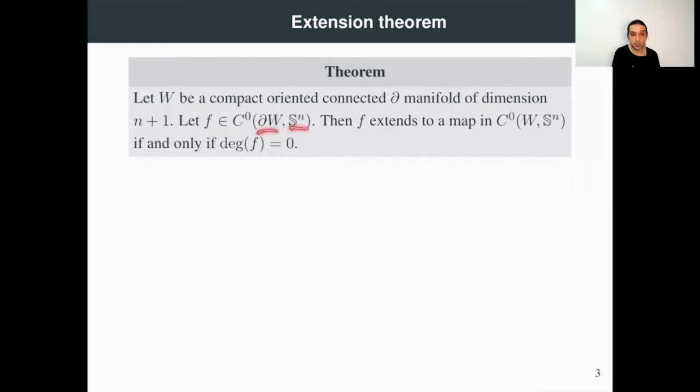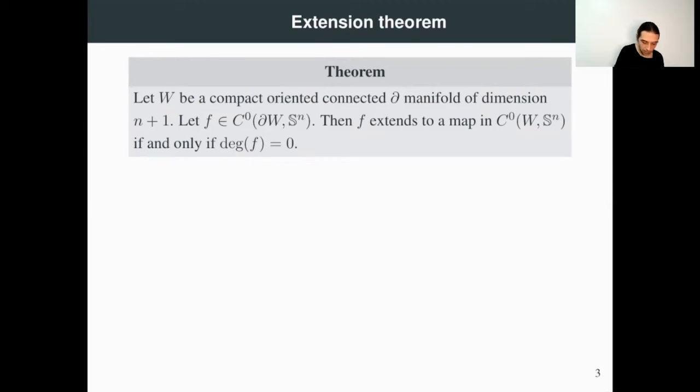These two manifolds, the boundary of W and Sn, have the same dimension. Then f extends to a continuous map from W to the sphere, if and only if the degree of f is 0.